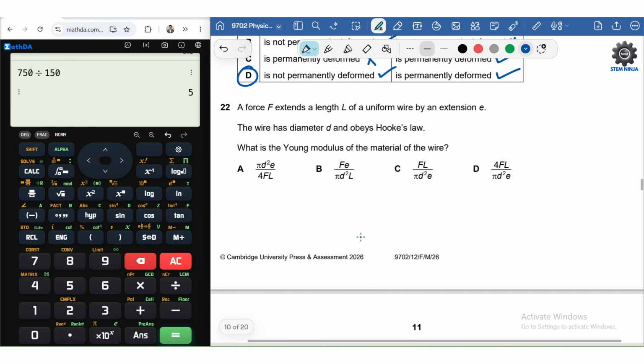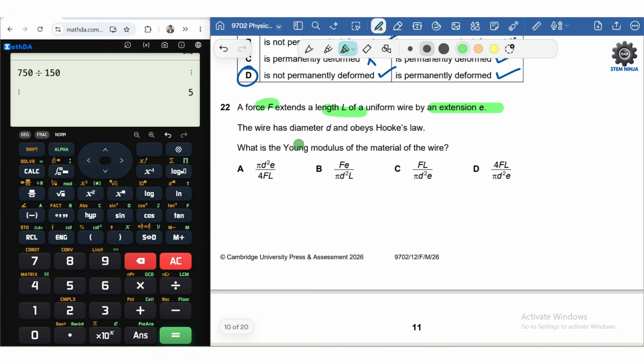A force F extends the length L of a uniform wire by an extension E. The wire has a diameter D and obeys Hooke's law. What is the Young modulus of the material in the wire? Okay, so this is stress over strain. Stress is force over area, sorry, my bad. And the strain is the extension over original length.